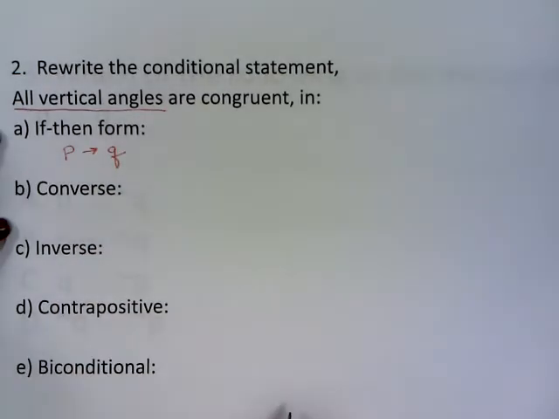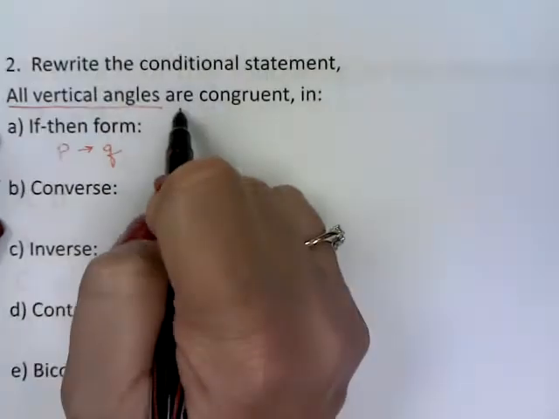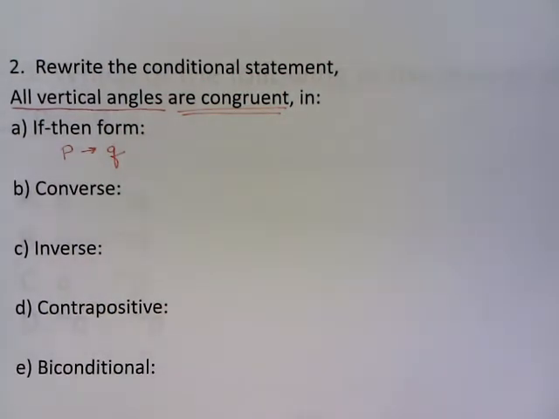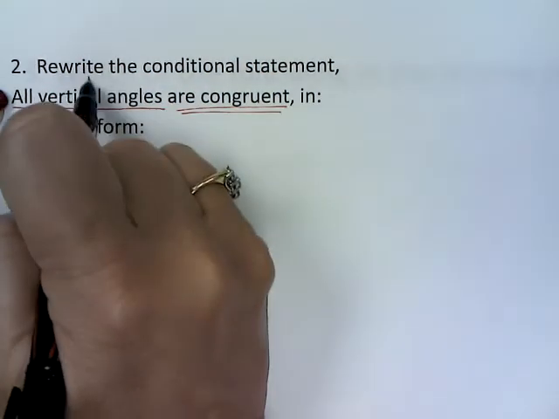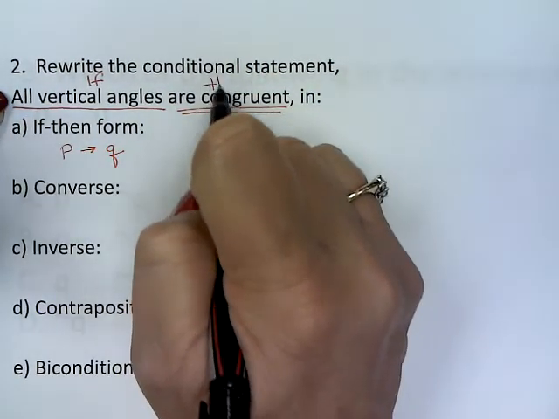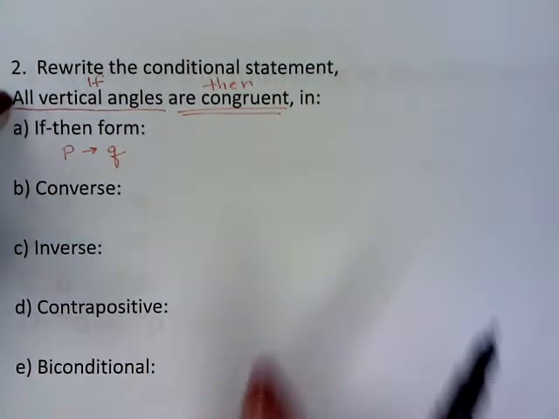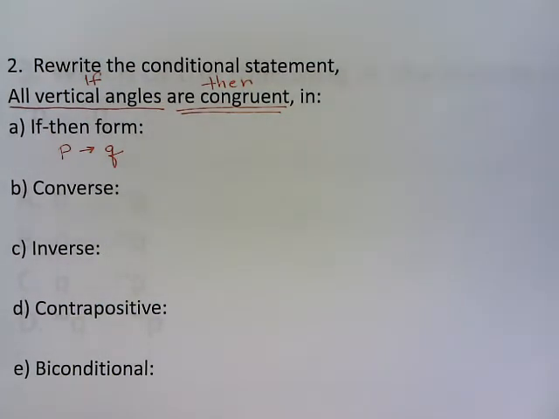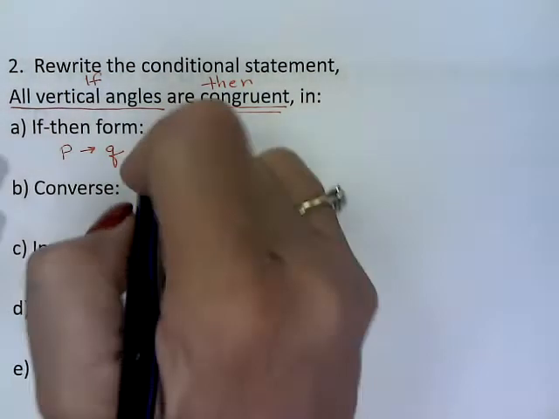All vertical angles are my subject. Congruent is my predicate of that sentence, which means that my if is going to have to involve this, and my then is going to have to involve this. So if I rewrite this statement, I can rewrite it along the lines of, if the angle is vertical, then it is congruent.